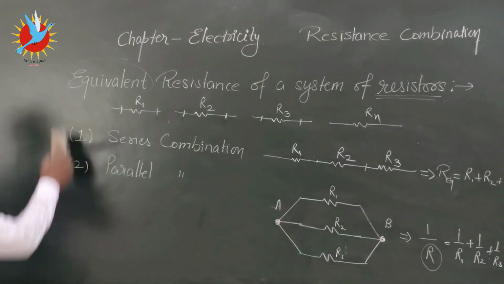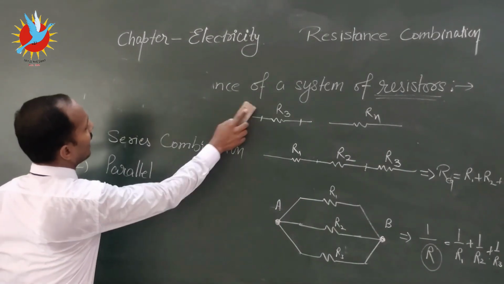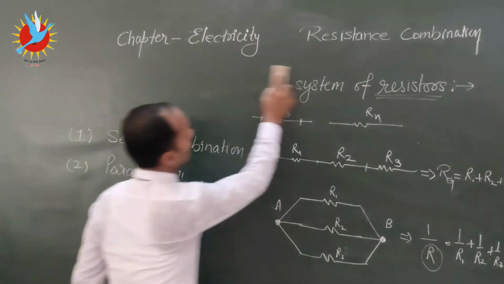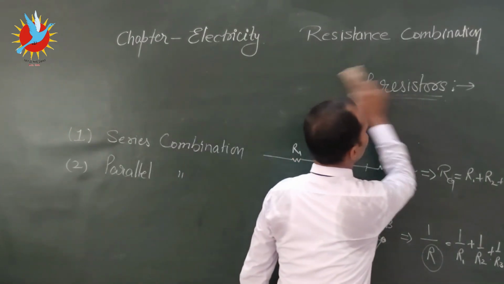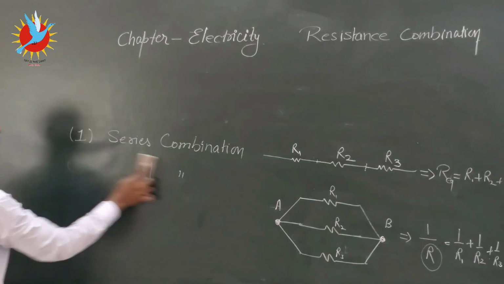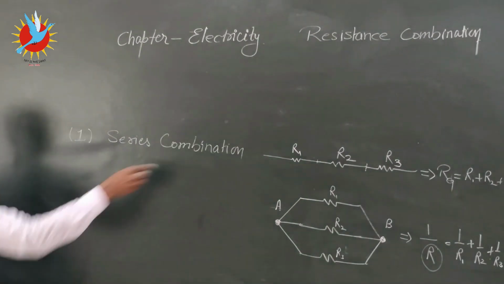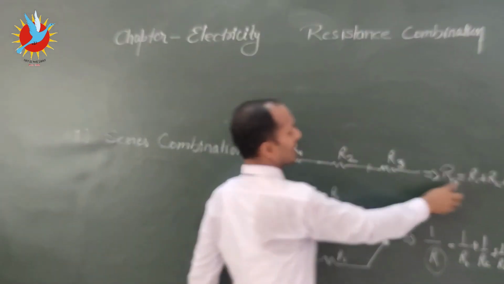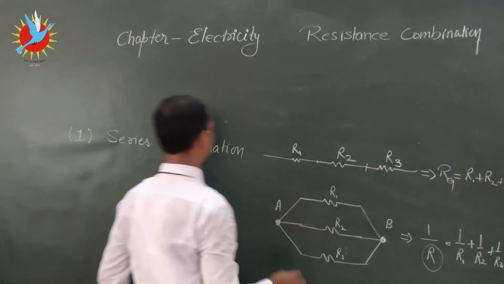Then the question is how these formulas are derived. Now the topic is to derive these formulas. One by one we derive the equivalent resistance R1 plus R2 plus R3.